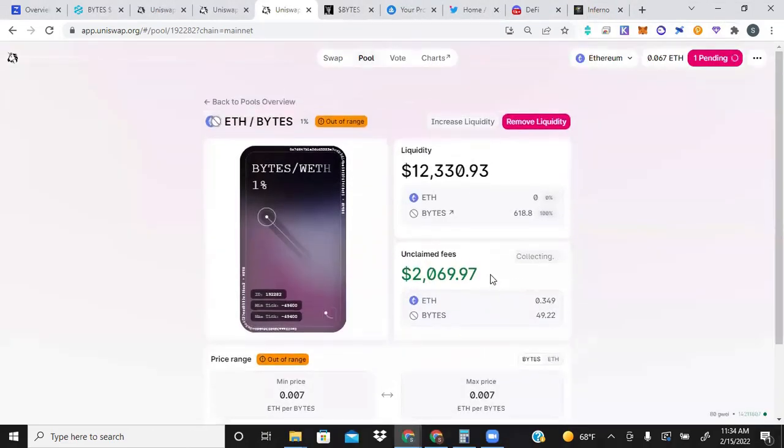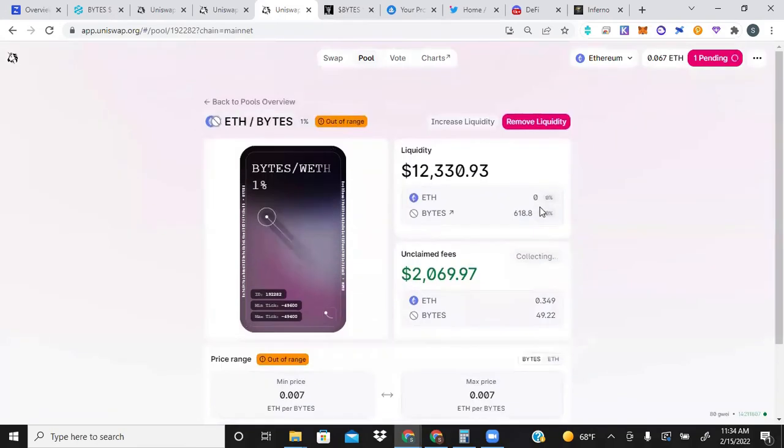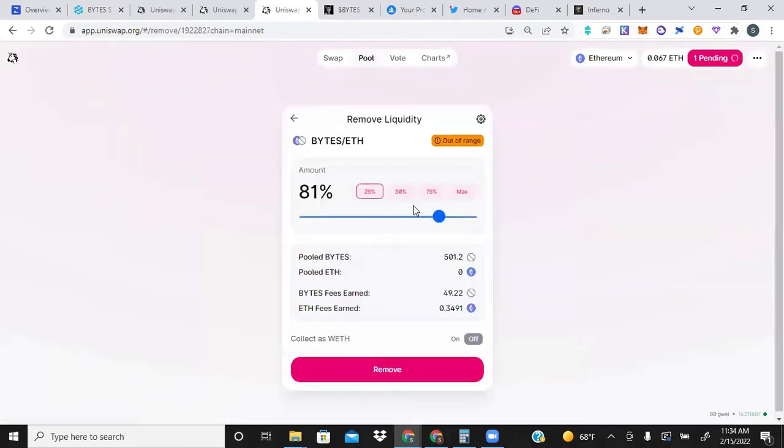And then another thing is to cut down on impermanent loss. Maybe I want to take out some of these bytes, and that way I don't give those bytes back as the price moves higher. So I could just remove a certain percentage. If I want to just remove 81%, I can do that.